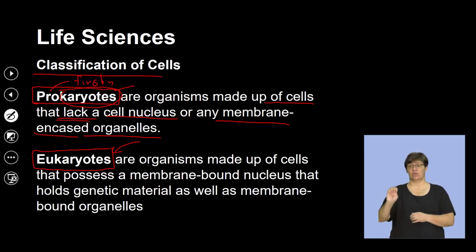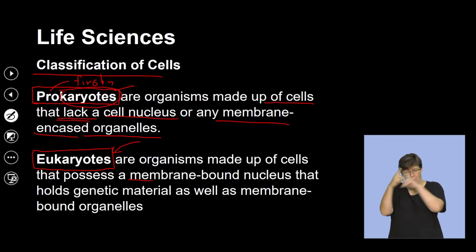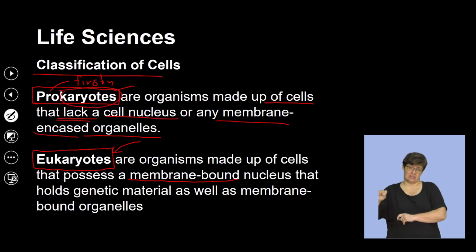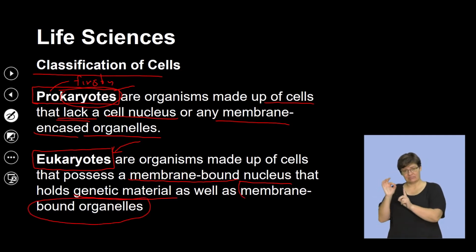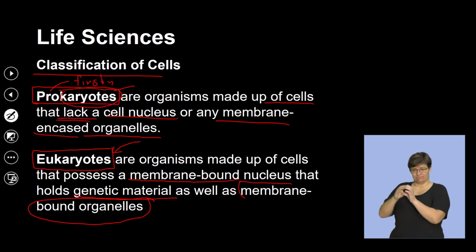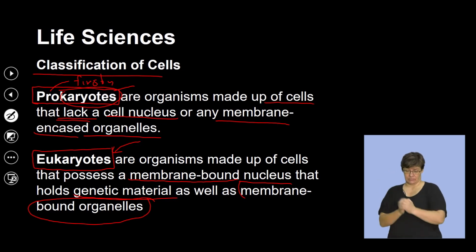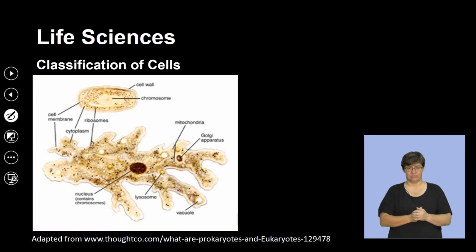And these are organisms that have complex organelles that are bound with a membrane, and so they have a defined nucleus which has genetic material within them, and other organelles that have a distinct membrane bounding them. So this is broadly classifying organelles based on them. Let's look at some images of these.